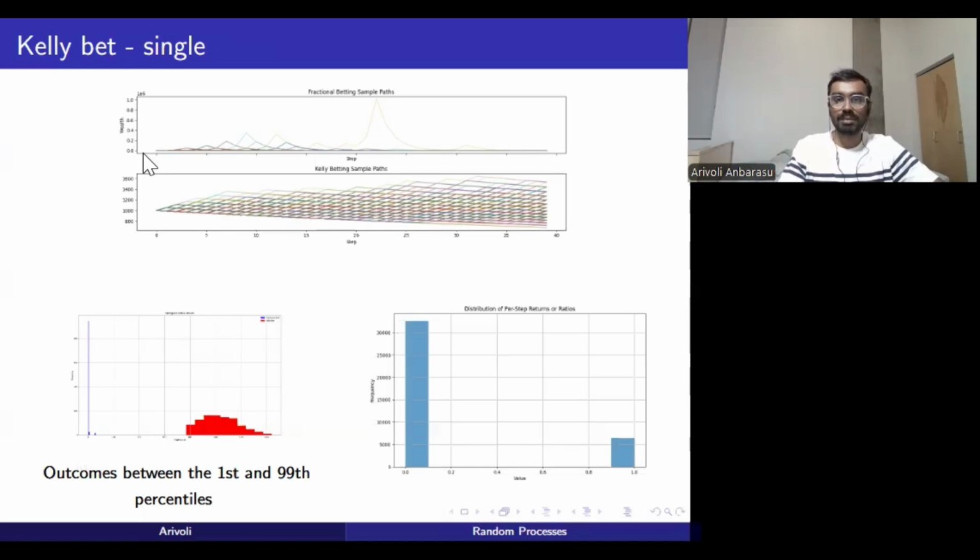In just 40 time steps, betting half of our wealth each time will often lead to ruin, even though there are some sample paths where we reach extreme wealth before collapsing. In contrast, using the Kelly split results in a more stable and gradual increase in wealth over time.